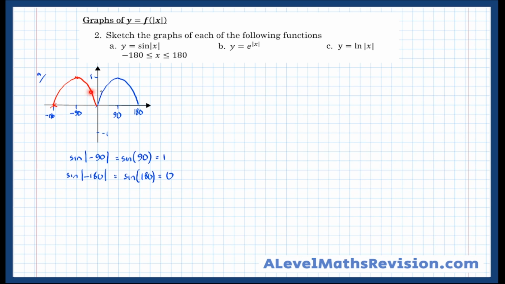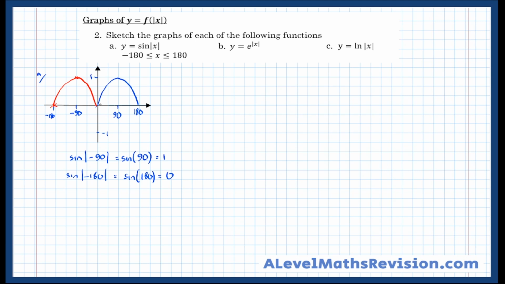So this value here is going to correspond to this value here, this one here to this one here. In fact, what's happened is we've just discarded all of this side of the graph, anything to the left of the axis, then reflected the remaining graph through the y-axis. So this blue graph has been reflected onto that red graph.